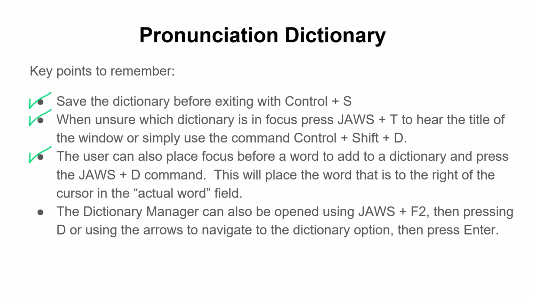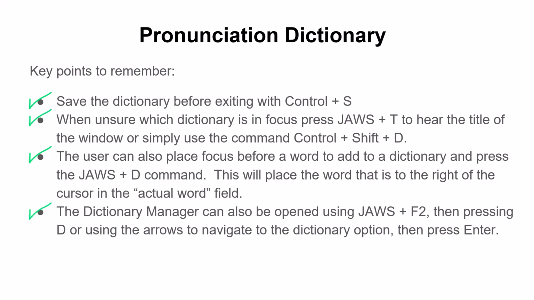The user can also place focus before a word to add to a dictionary and press JAWS D, and this will place the word that is right in front of the cursor in the actual word field. So if you are in, suppose, a browser and you come across a word that JAWS is not saying correctly, you can press Insert D and go to the dictionary manager and it will automatically place the word that is to the right of the cursor in that field, so you don't need to worry about making sure you copy it correctly.